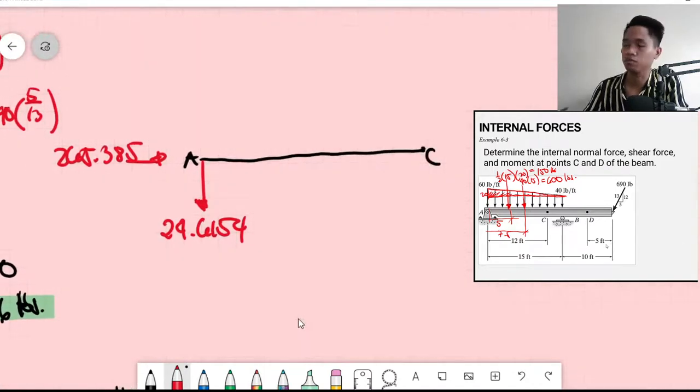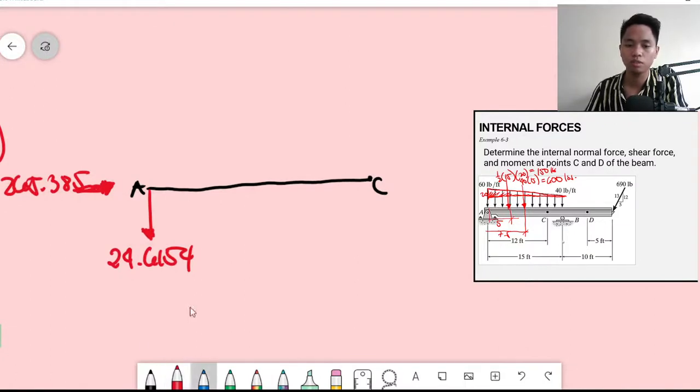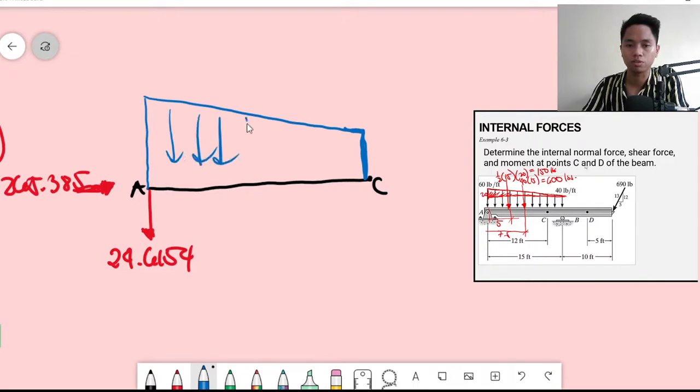So first, the internal forces. Reactions. So what is the loading from A to C? We have nothing else there, that is only your distributed loading, all downward.